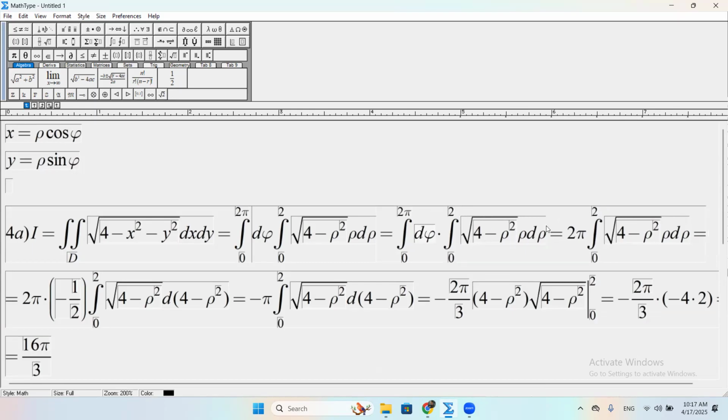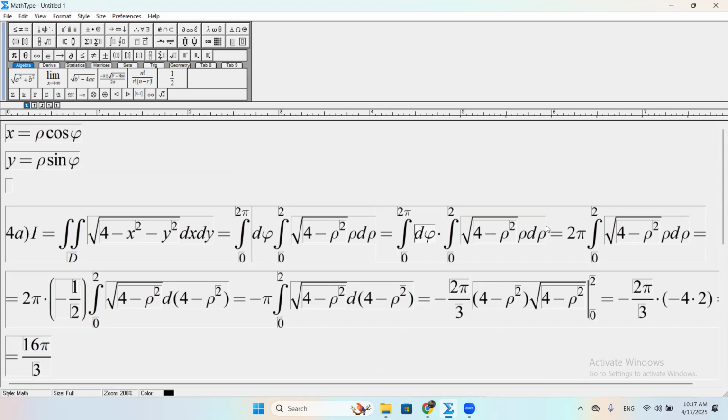So when we can separate the variables, we can rewrite this integral as a product of two independent integrals. Have I answered your question? Yeah, you've answered. Thank you.